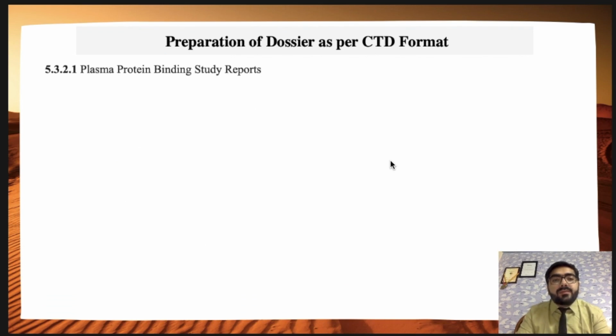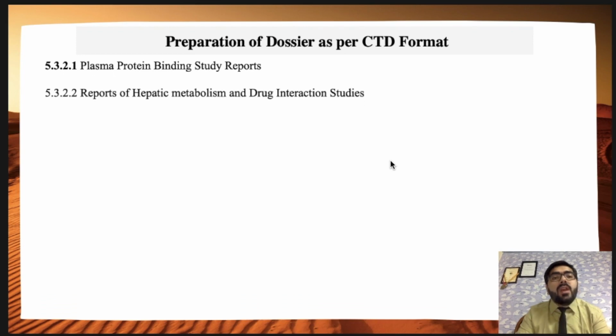So now coming to 5.3.2.1, which is plasma protein binding study reports. Okay, so this section also contains reports of hepatic metabolism and drug interaction studies, okay, and reports of studies using human biomaterials.